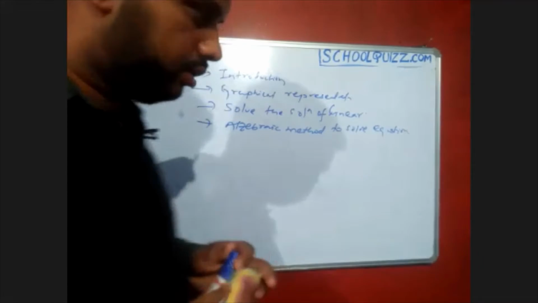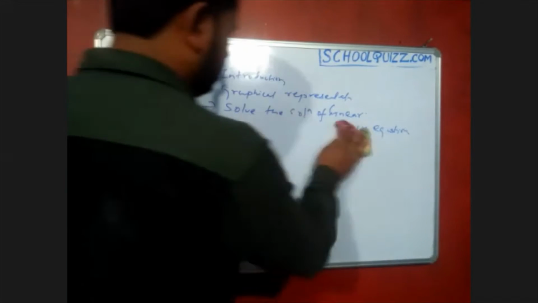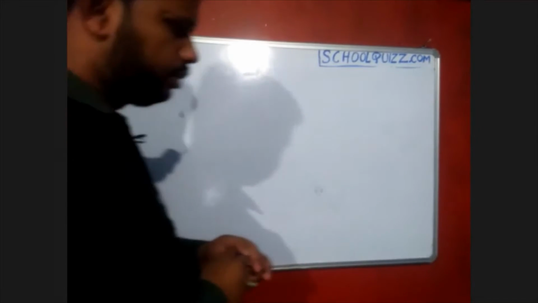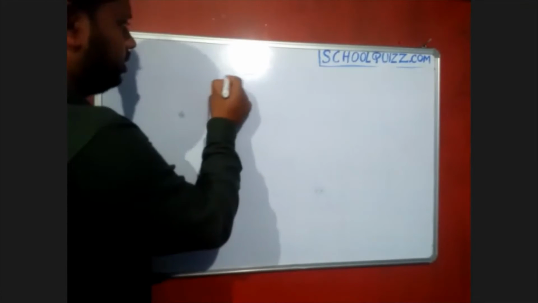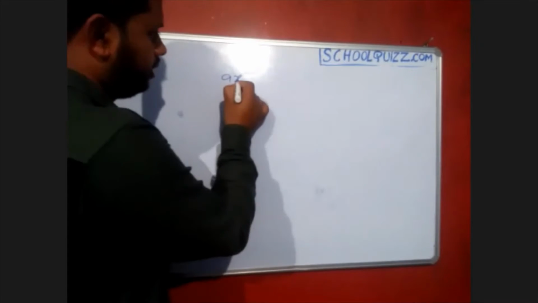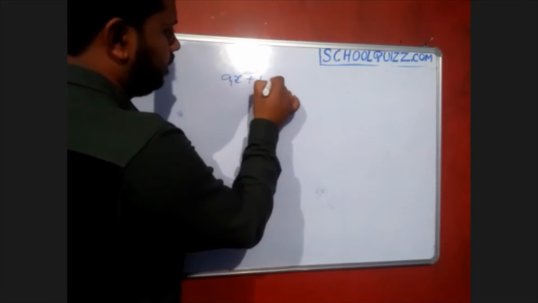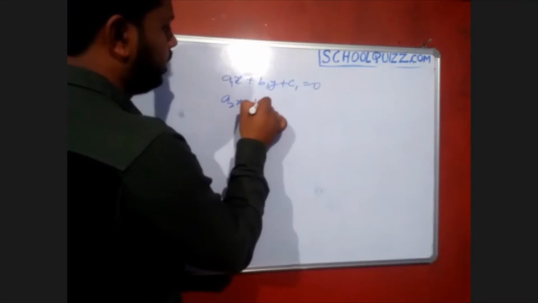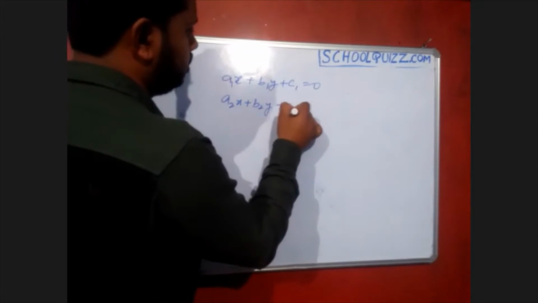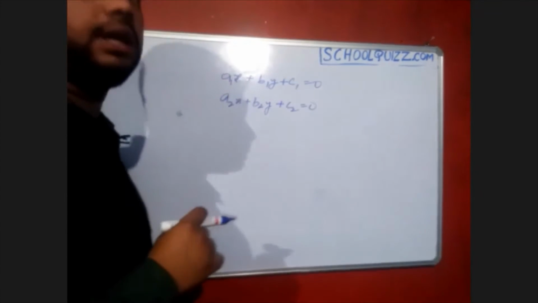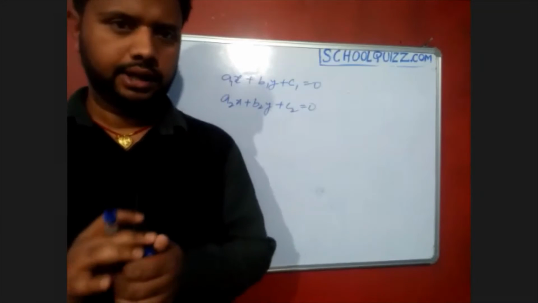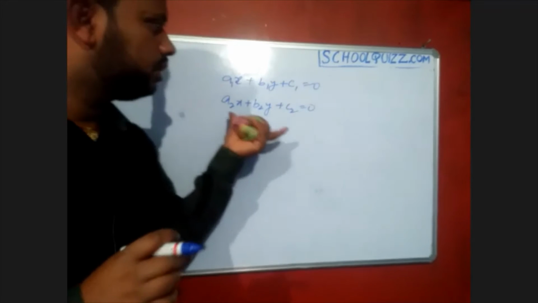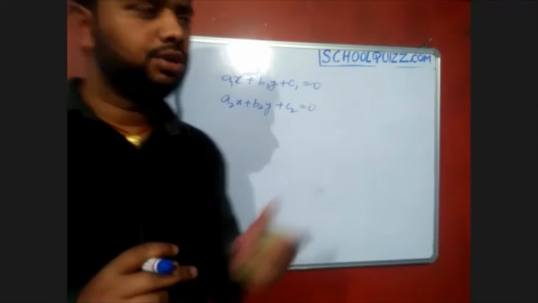Okay, so the next thing is when two lines of linear equations are in the same plane. Suppose a1x plus b1y plus c1 equals 0, and a2x plus b2y plus c2 equals 0. If these two equations are in one plane, what possibilities can happen when drawing those lines?